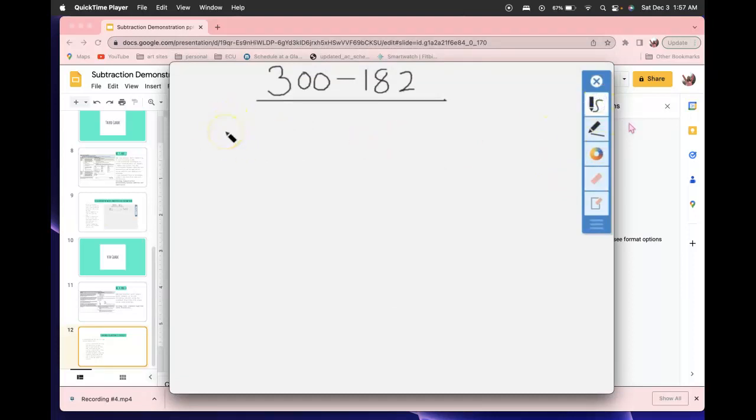So I'm going to use a different method of doing the standard algorithm because it will be more clear and easier, but it is still a standard algorithm since there can be flexibility.